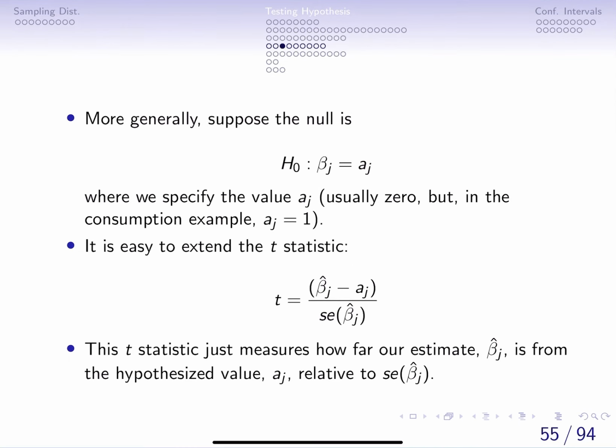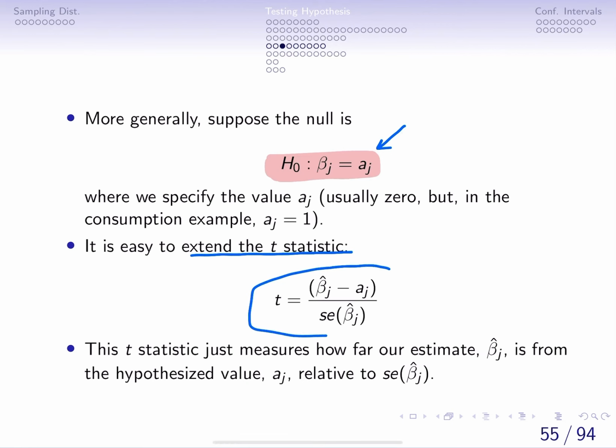In general, we can write out the null hypothesis in this way. So no matter what our hypothesis is, 0, 1, 2, or 100, we can write out any type of constant that we want to state in our hypothesis. Okay, and so we can extend the t-statistic to be this value that we are hypothesizing, right?